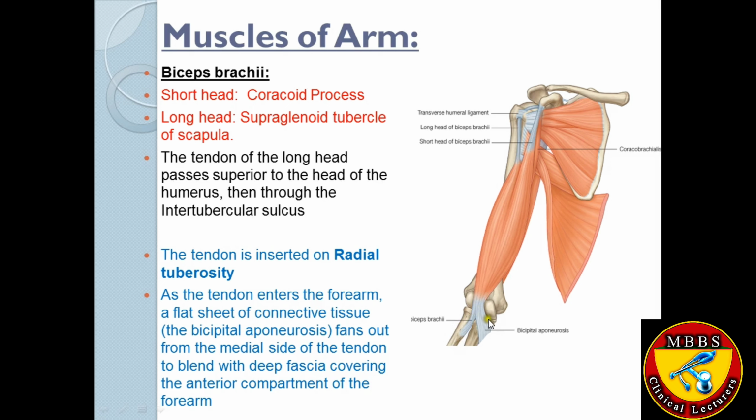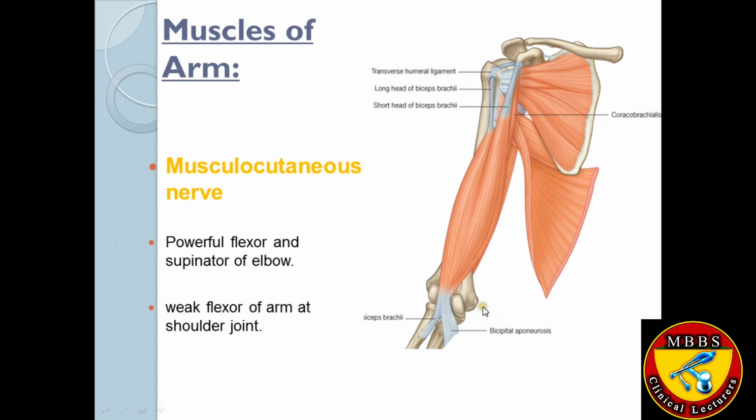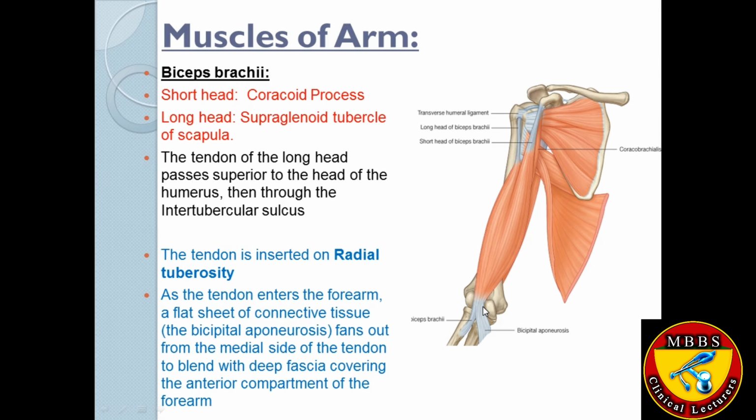Now look carefully into the figure. As the tendon enters the forearm, a flat sheet of connective tissue called the bicipital aponeurosis fans out from the medial side of the tendon and blends with the deep fascia covering the anterior compartment of the forearm.